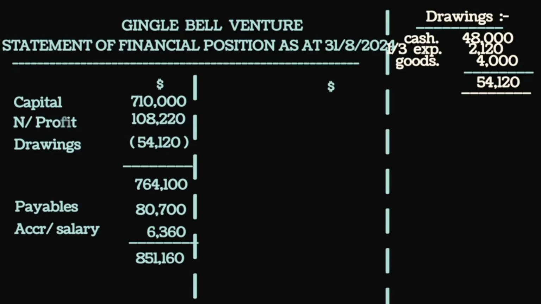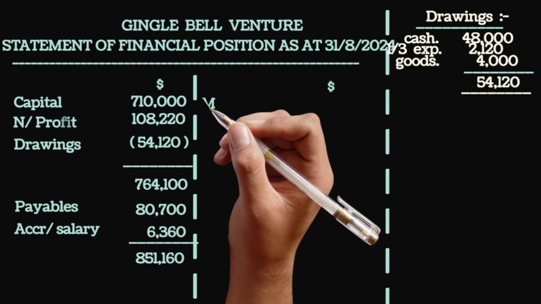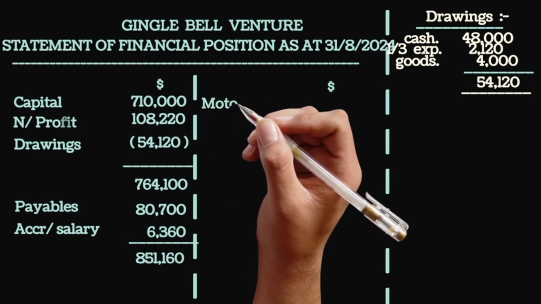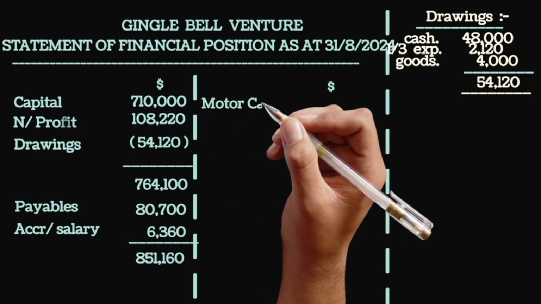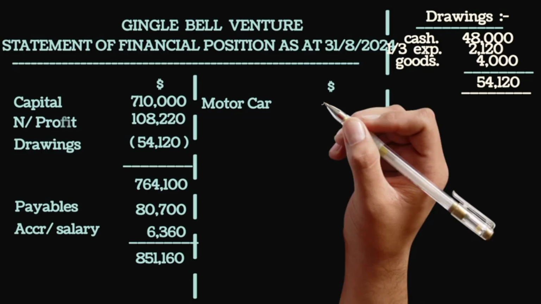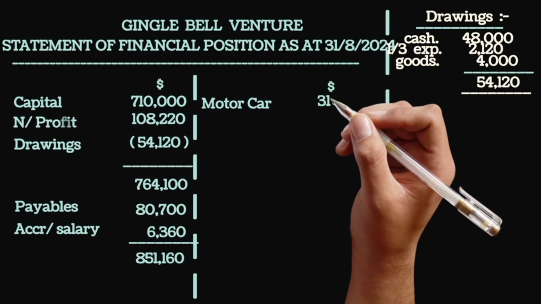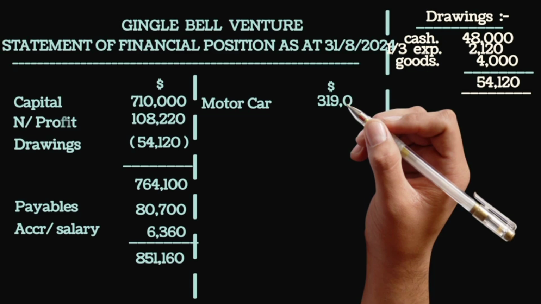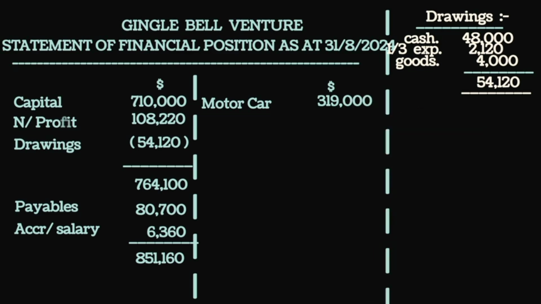Now we are going to the asset side. We are supposed to title this long-term liability, current liability. Because of the size of our screen, we decided to just show it in form of liability and assets.